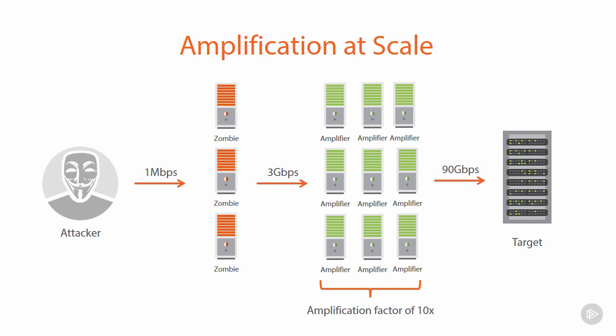So there's the amplification in play. That 1 megabit from the attacker turns into 3 gigabits from the zombies, turns into 90 gigabits as a result of DNS amplification. This style of attack is enormously effective because the attacker just keeps leveraging.